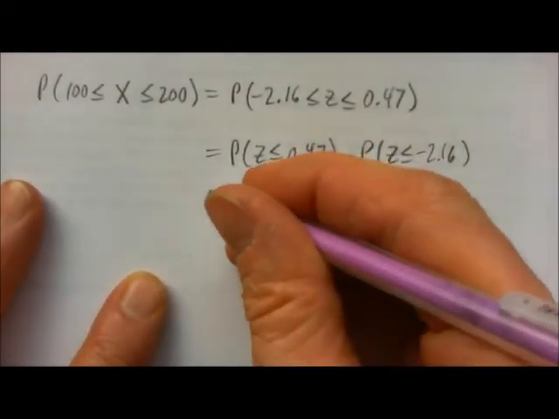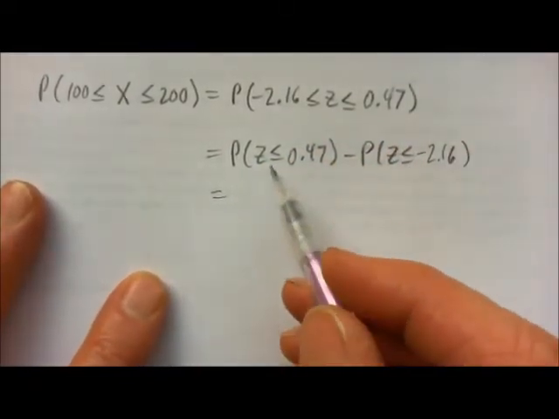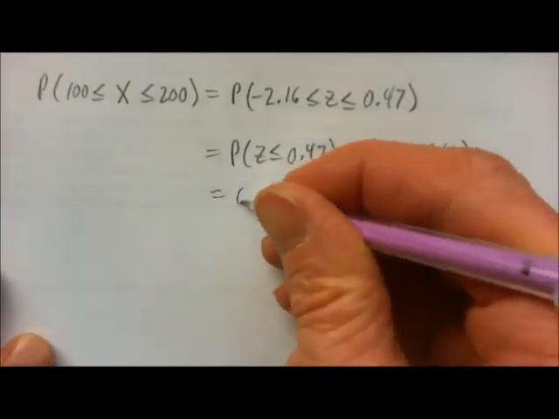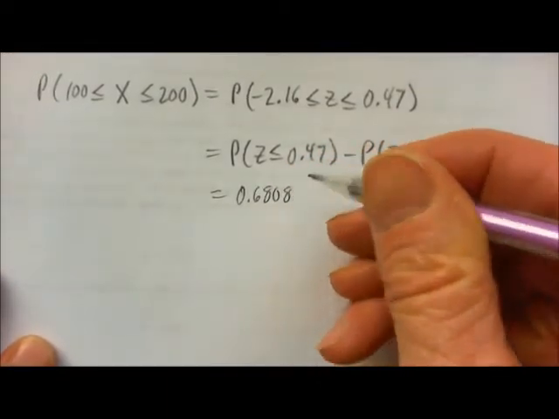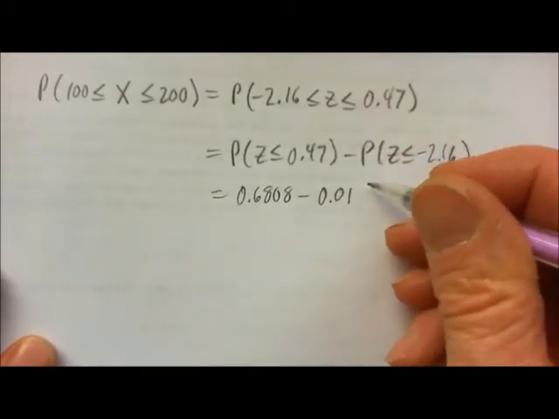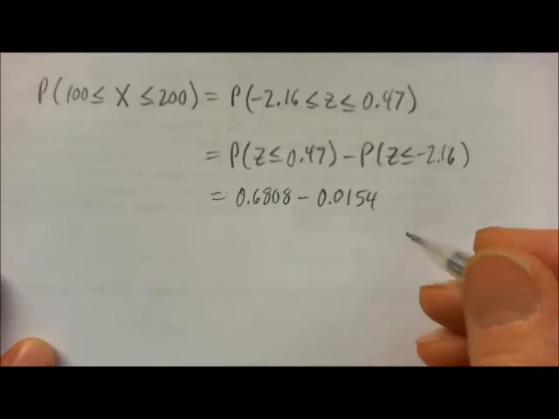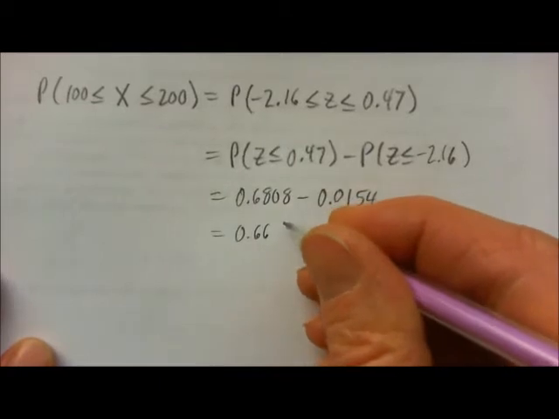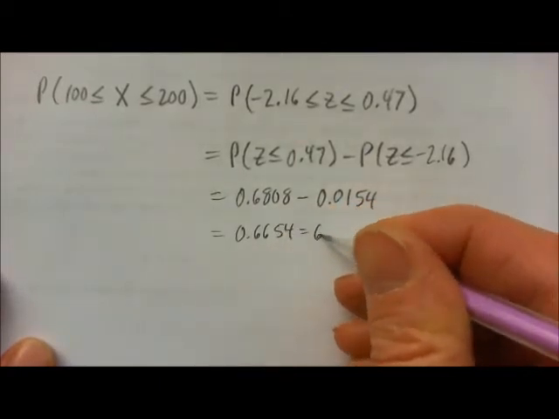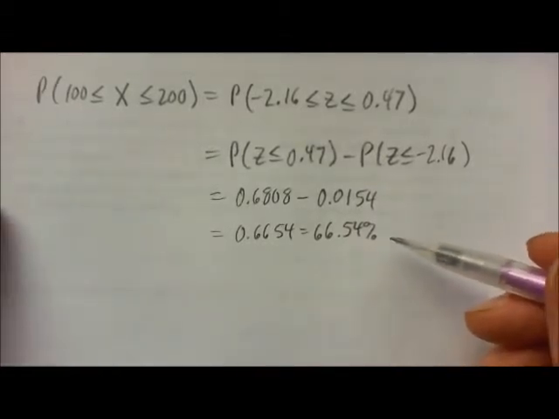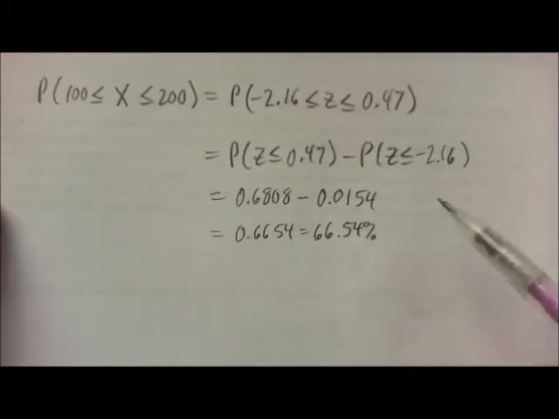Then we can go directly to the standard normal distribution table and pick these probabilities off of the table. We find that the first one is 0.6808, and the second one is 0.0154. If we subtract those two, we end up getting 0.6654, or 66.54%. So that's the probability that a randomly selected young male will have a cholesterol level between 100 and 200.